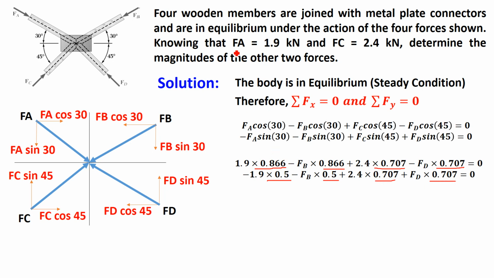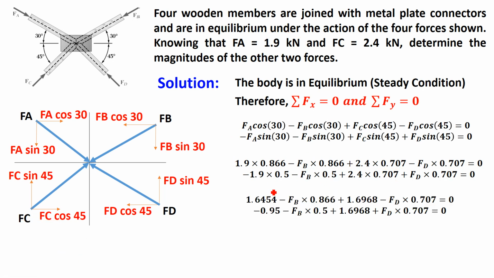Since Fa is given as 1.9 kilonewton and Fc is given as 2.4, we put these values in and you will get these two equations. Simplifying again, 1.9 into 0.866 is 1.6454, and 2.4 into 0.707 is 1.6968. Similarly in the second equation we calculate these values and simplify again.